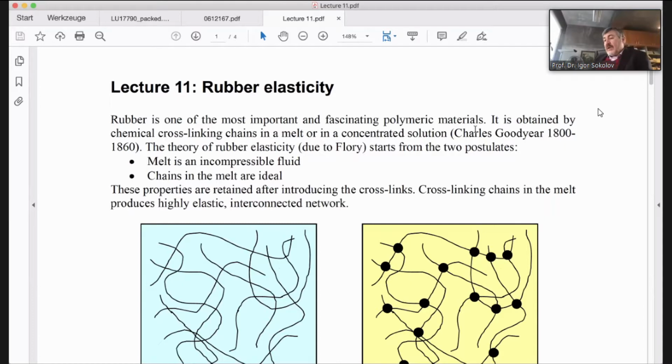Because if you have this initial product, which was latex, which was a kind of juice from the trees from South America, it's, to the taste of a theorist, a moderate molecular weight polymer, and it does flow.